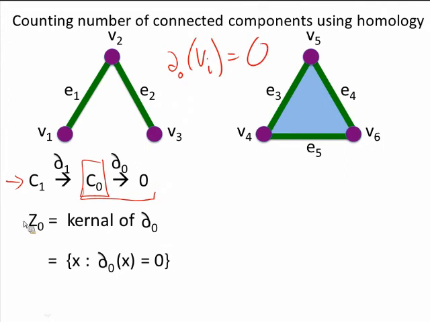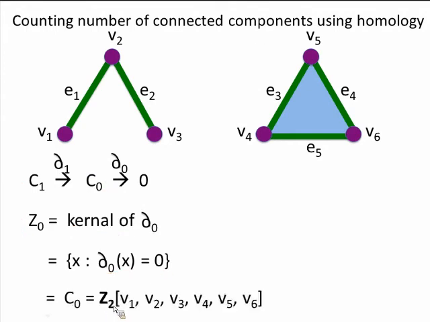And so if I say Z0 is the kernel, so that's just the math term for saying everything that gets sent to 0. So if I take a look at everything that gets sent to 0, well, it's everything. Every vertex doesn't have boundary, so my kernel is everything, so my Z0 is the same thing as my C0. It will be all formal sums of all my vertices. Their boundary is all 0, and we will use sets of vertices to denote our connected components.